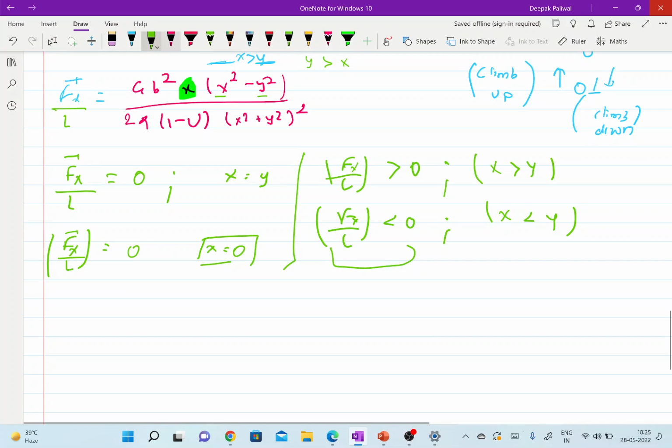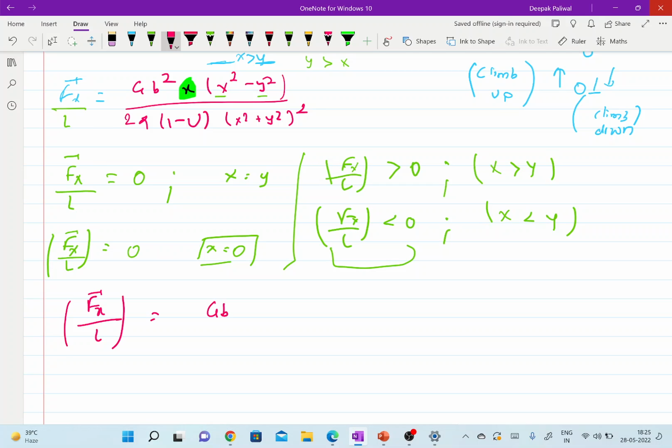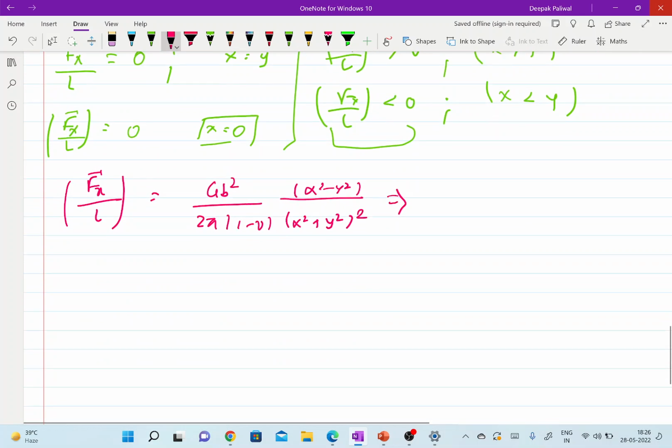So if I want to draw this equation in the graphical form, let me write this equation: fx by L equals G b square over 2 pi into 1 minus nu, times x into x square minus y square over x square plus y square whole square. Okay, so let me draw this equation.